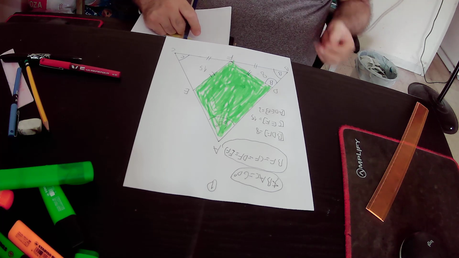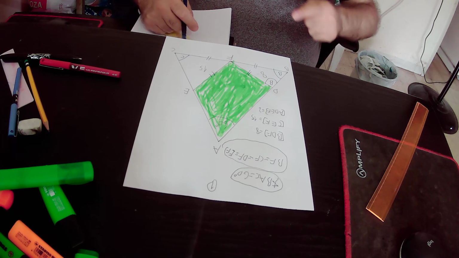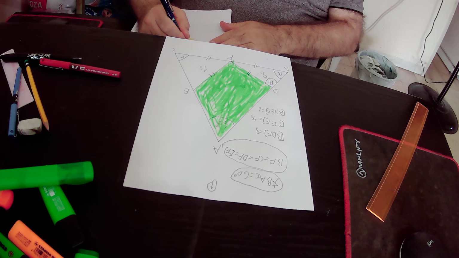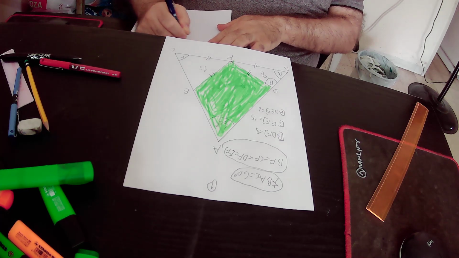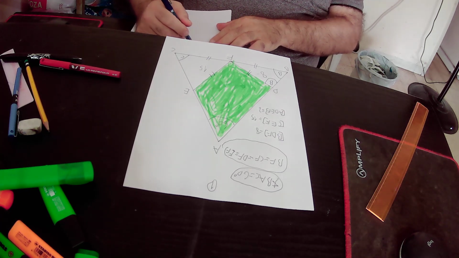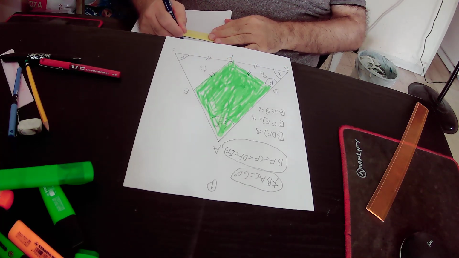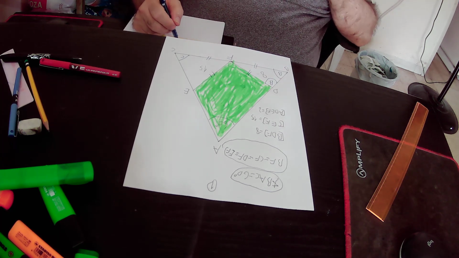Okay, and we will do the same thing in triangle FEC. In triangle FEC, we know that FE equals FC.